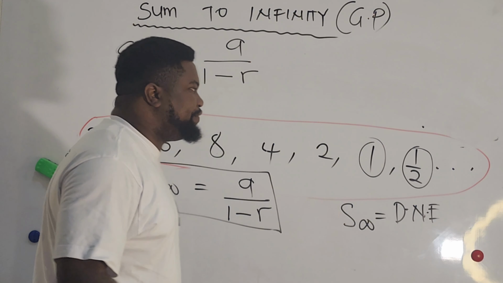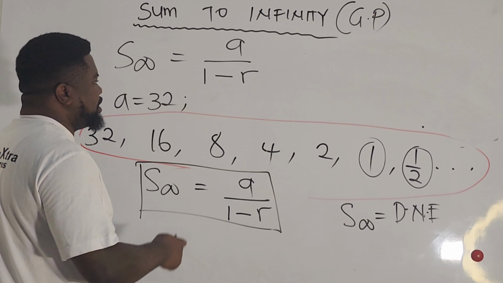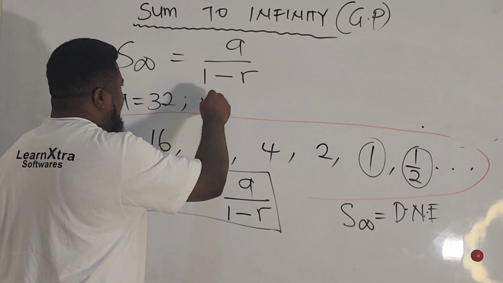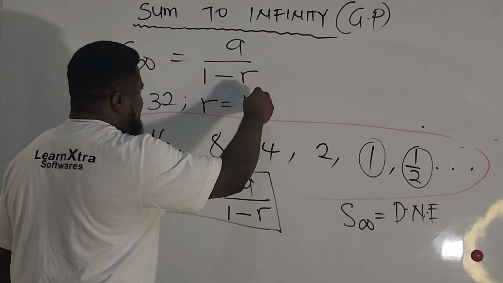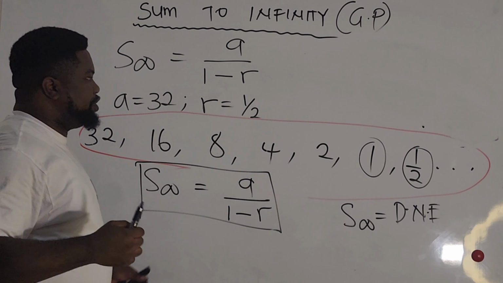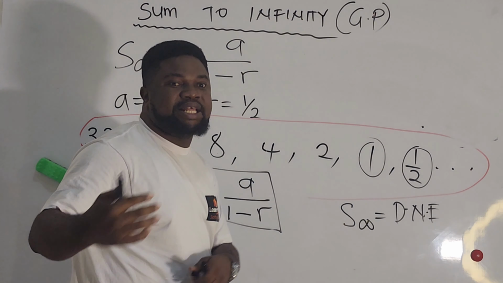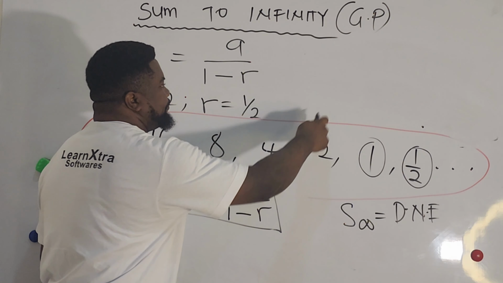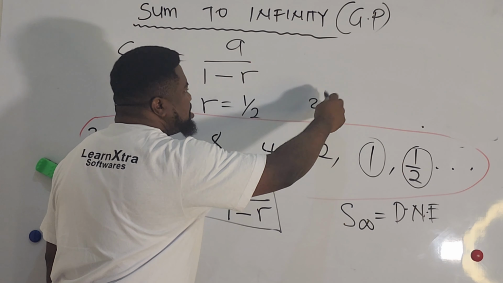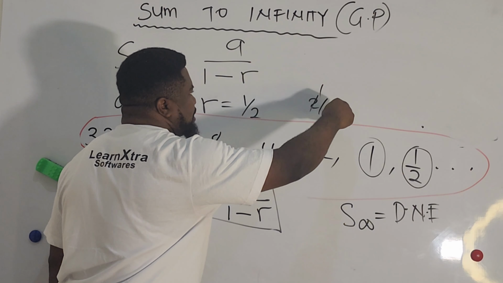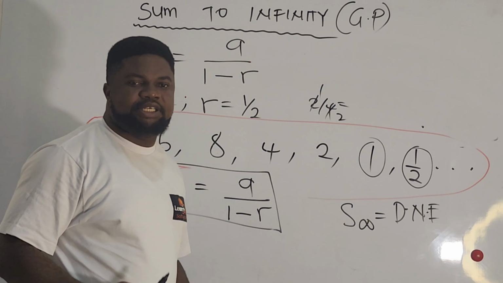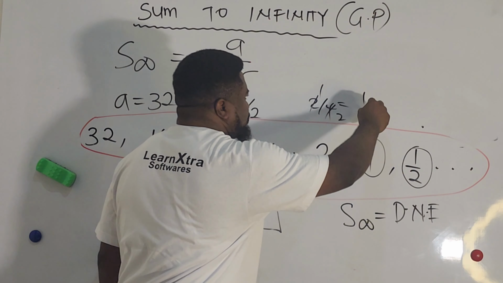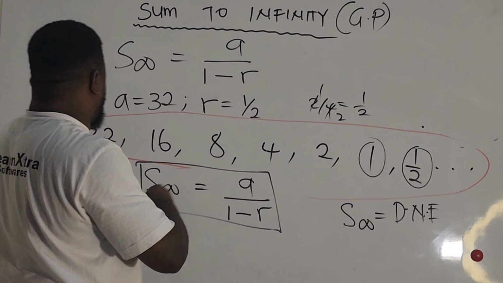Therefore, my common ratio is R equal to 1/2. If you're not cool with this, you can do 2/4, which is the same thing, 1/2. So the common ratio is 1/2.